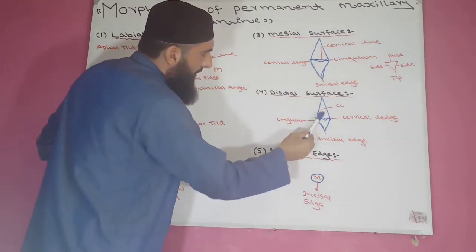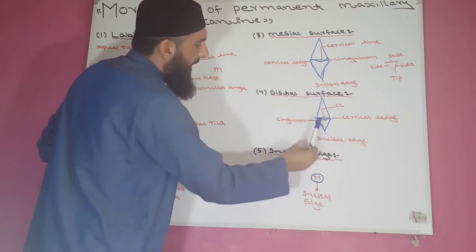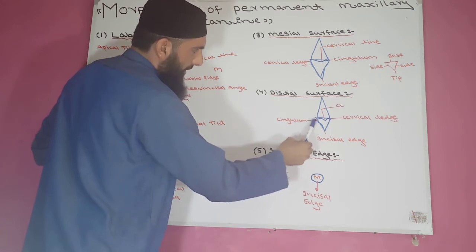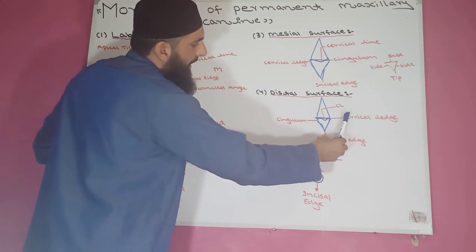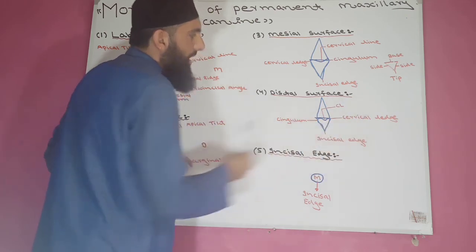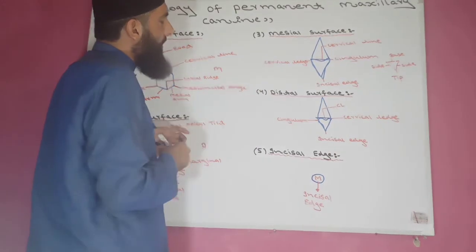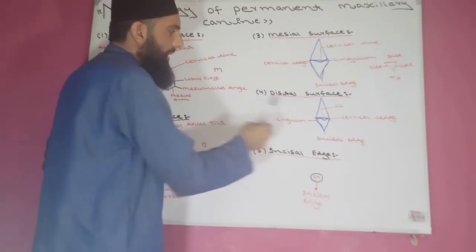Now on the distal surface, again the base is formed by the cervical line, the tip by the incisal edge, and one side is formed by the palatal surface, which has the cingulum and fossa, and the other is formed by the labial surface, which has the cervical ledge. But it will be opposite to the mesial surface. This is the distal surface.